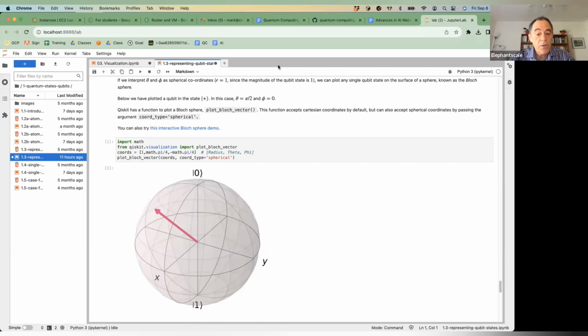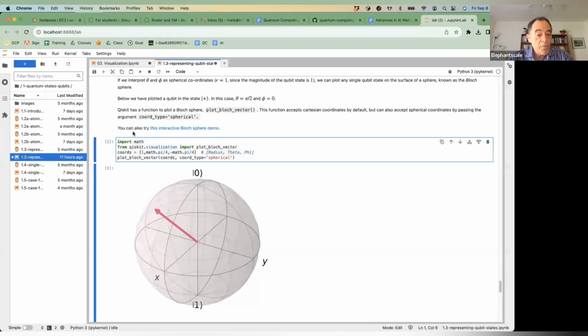Do you need any module to be imported besides math? That's all. Well, actually, there is something important. From Qiskit visualization, you import plot Bloch vector, but nothing else. You saw that I just jumped to that particular fragment of code and I didn't do anything. I didn't run it before. I started right here. Proof of the point.